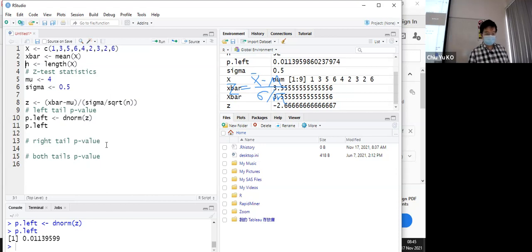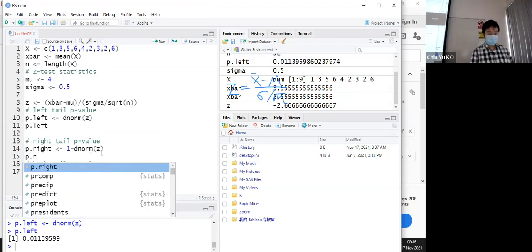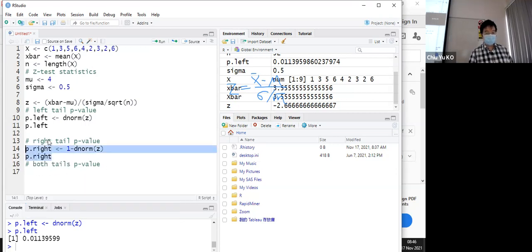So let me show you the right tail, okay? Because the left and right tail just do one way or the other, right? So just dnorm Z. You can just show the answer. Okay. So the right tail, as expected, is 1 minus the left tail.